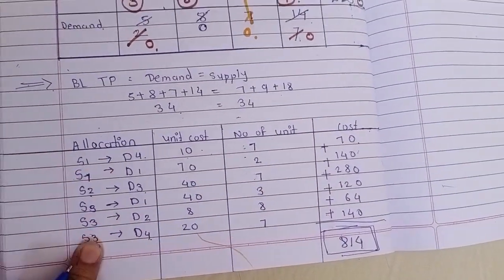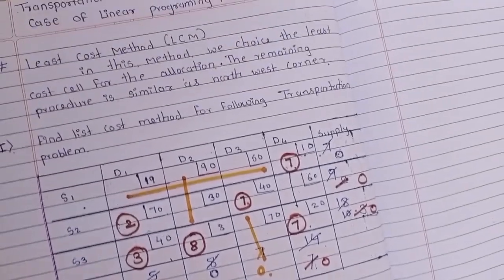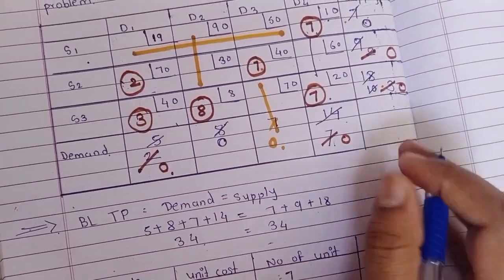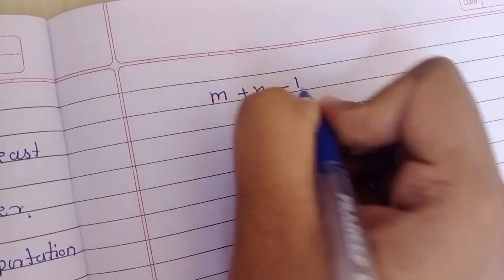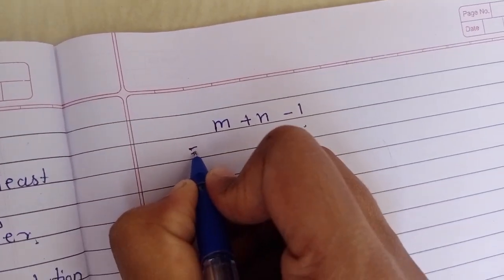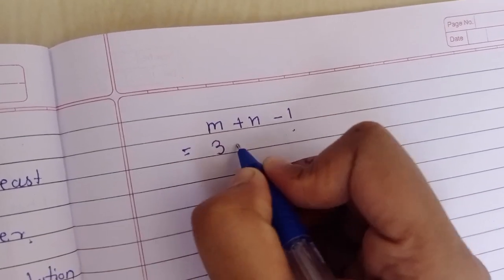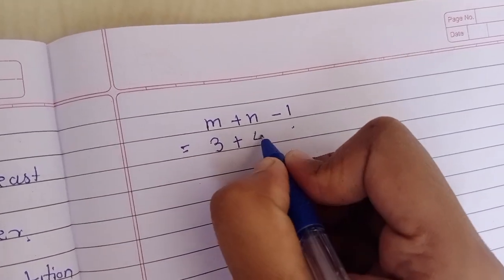Now to check whether this is a basic feasible solution, we use this equation and check the allocations I have made here, that is m plus n minus 1. Here m is the number of supplies, that is 3, and n is the number of destinations, 4, minus 1.